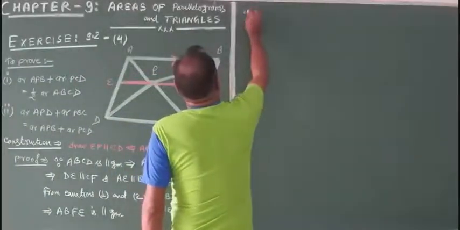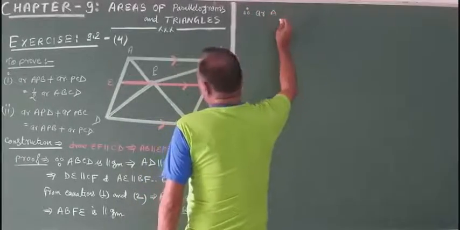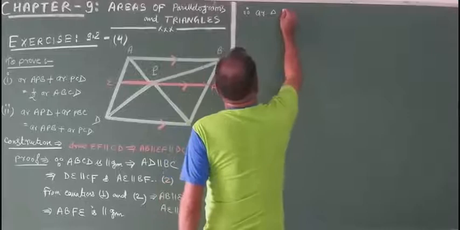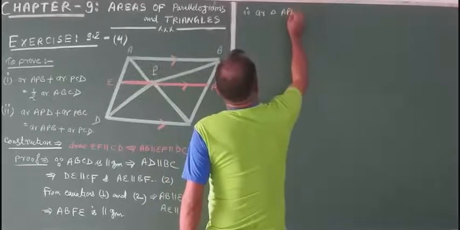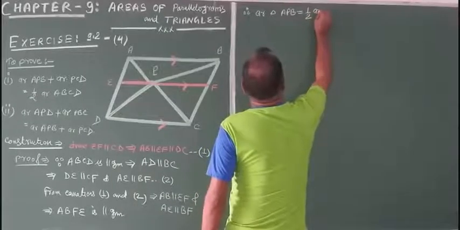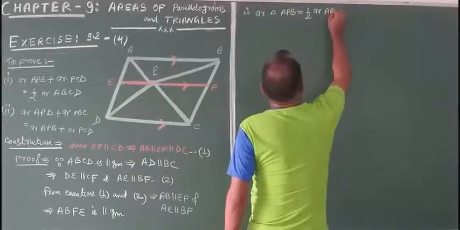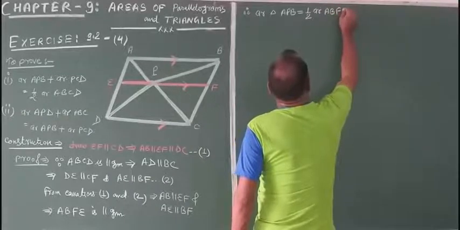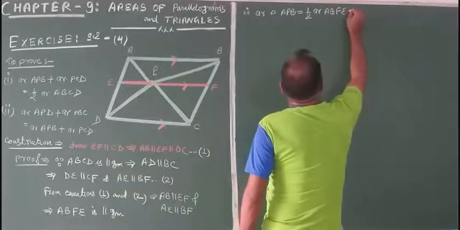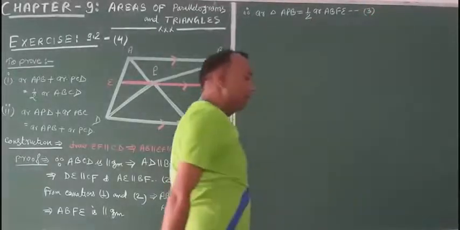Now ABFE is a parallelogram. Therefore, area of triangle APB will be equal to half of the area of parallelogram ABFE. This is equation number 3. And what is the reason behind this?